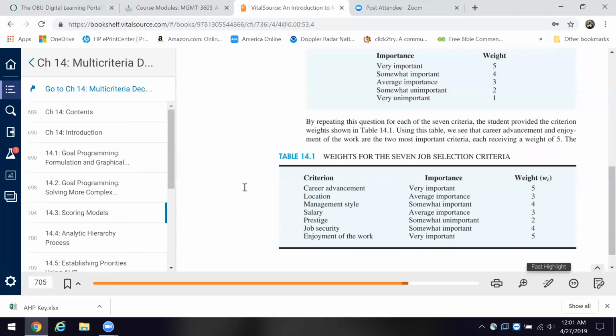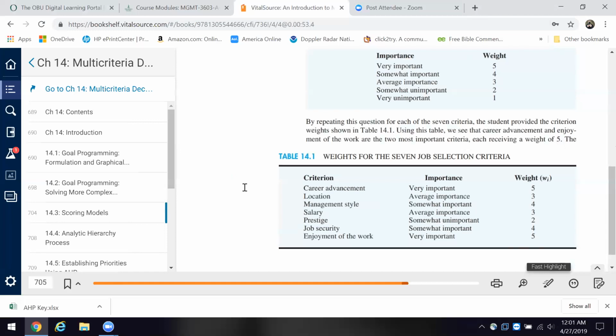And a 5 is the most important. 4 is somewhat important, and so on. You can see already when I talked about Herbert Simon, I encourage you to go read about satisficing, and then to go read that other source about suboptimality.